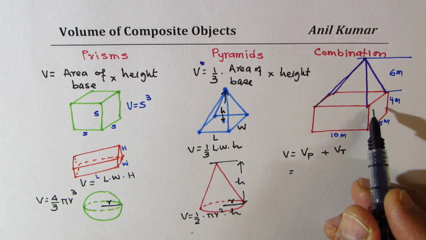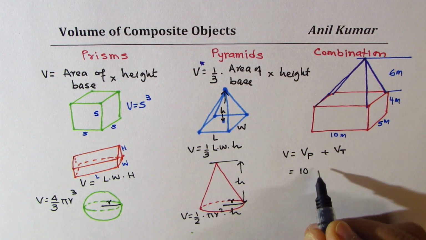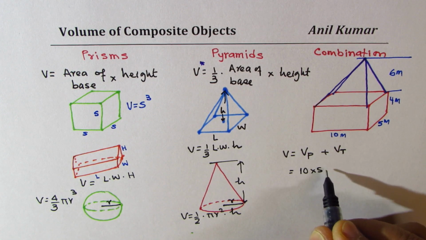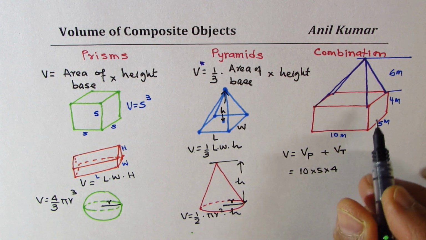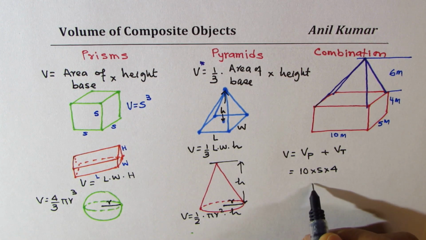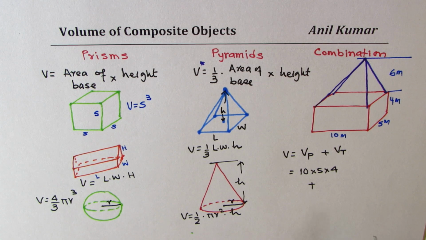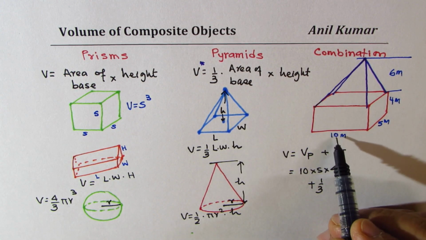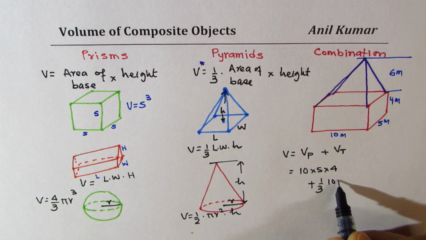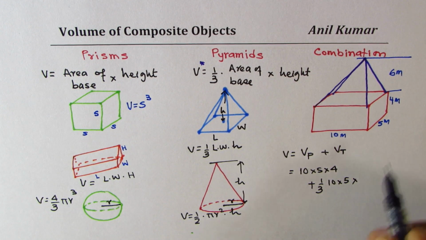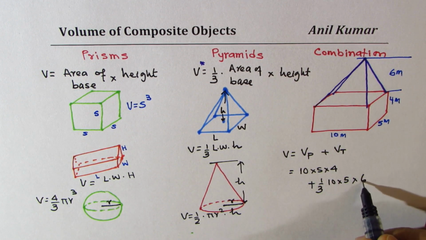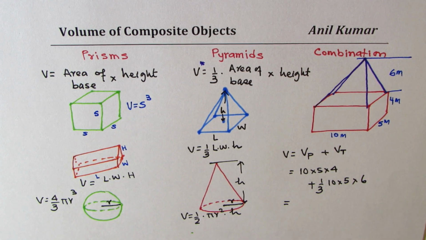So now the volume of the prism will be 10 times 5 times 4, and to this we will add the volume of the pyramid, which is 1/3 of area of the base, which is 10 times 5, times the height, which is 6 meters, right? So all this combination will give you the answer.